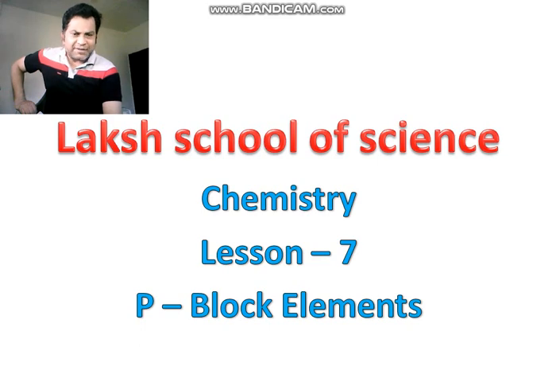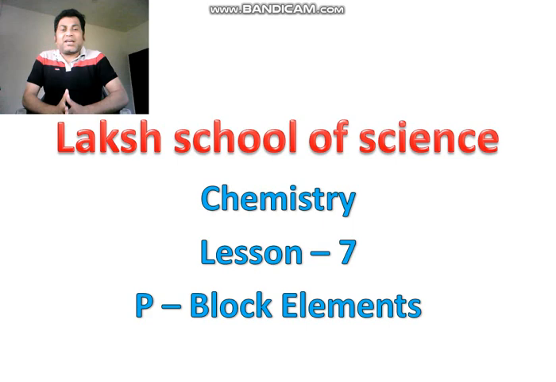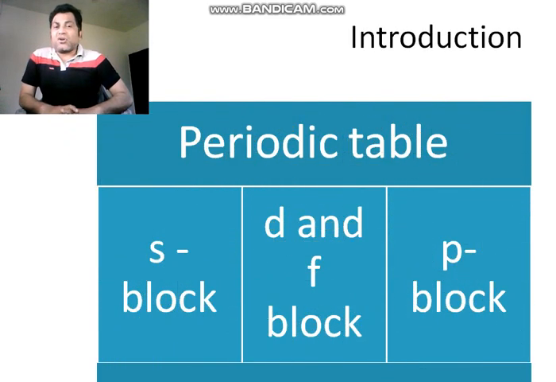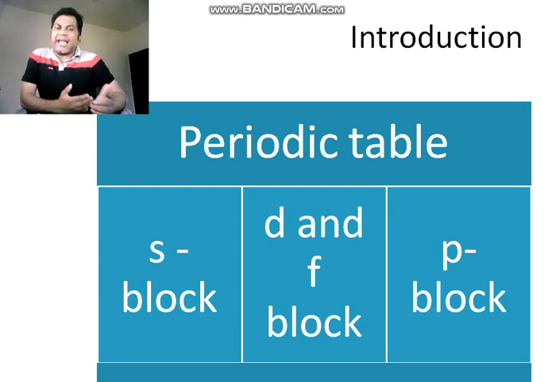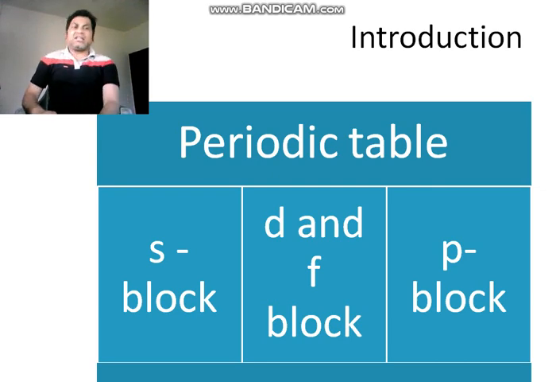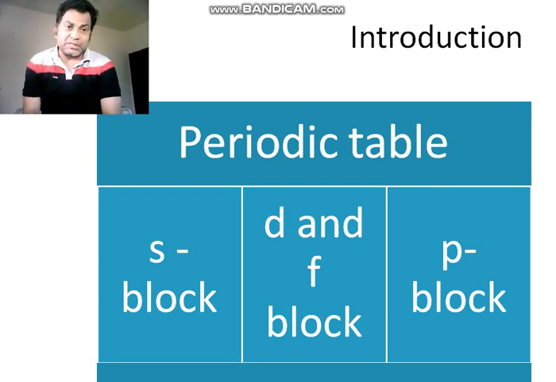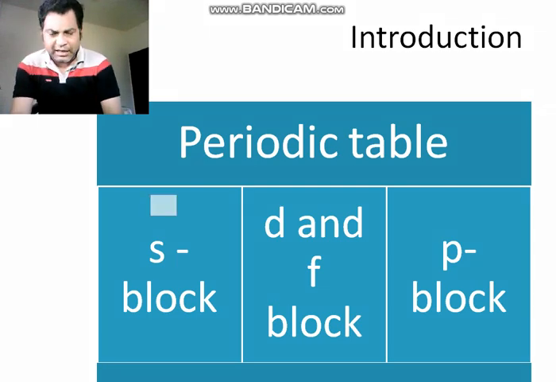So lesson number 7. First we have to talk about the P block. Dear students, in the periodic table we have S, D, F and P block elements. S block elements consist of two groups, group number 1 and group number 2.